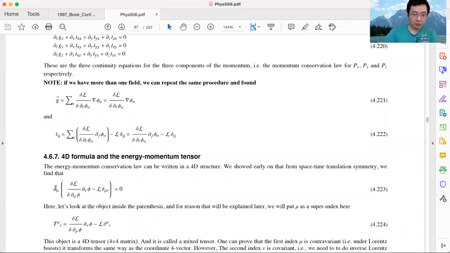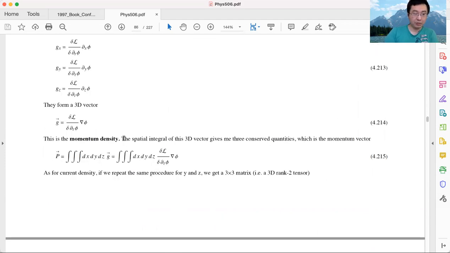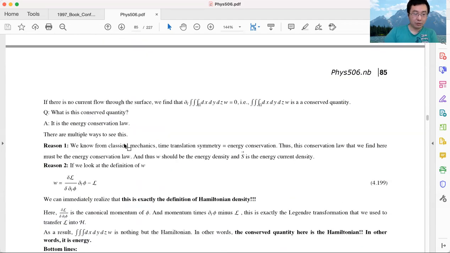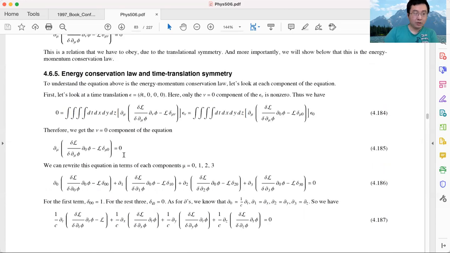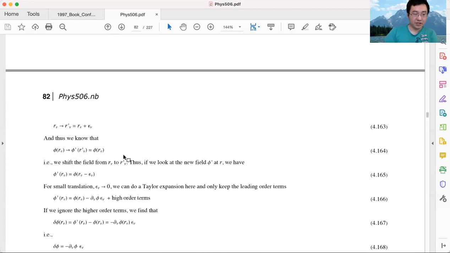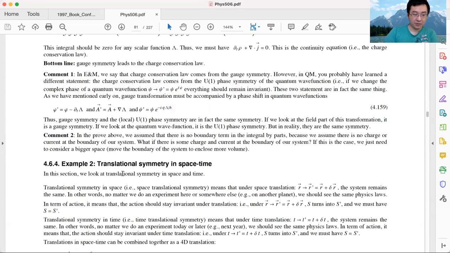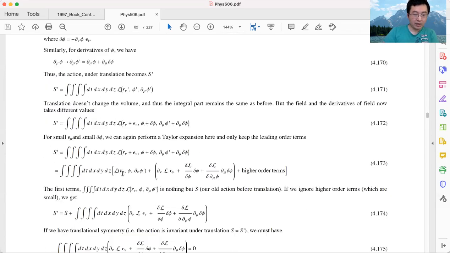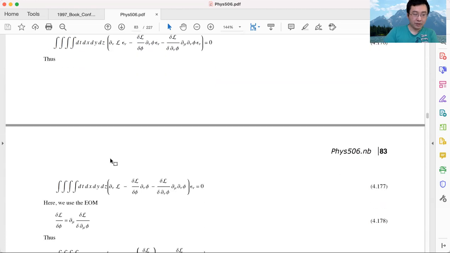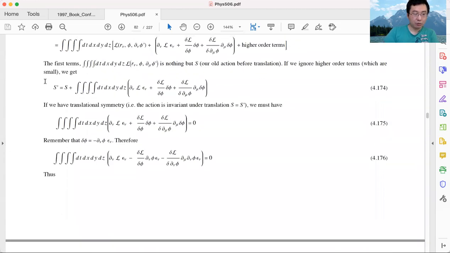This formula is actually one we learned in the previous lecture. If we go back a little bit, when we consider a generic translation in space and time, and we assume that the system has space-time translational symmetry, at the end of the day we find that if we want action S to be equal to S prime, this whole thing needs to be equal to 0.